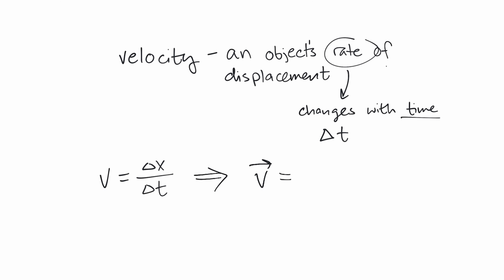It equals our change in position or displacement divided by change in time. And change in time is not a vector. I guess you could say time flows directionally, but we're not dealing with all of those shenanigans. Time here is just a typical scalar.